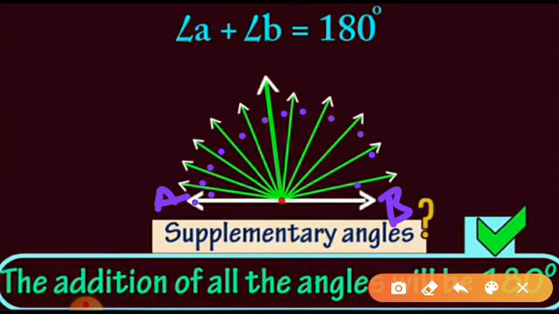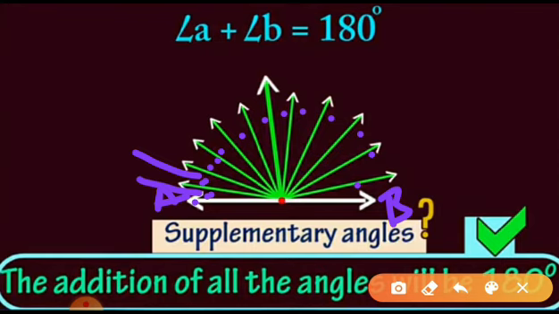Now, if I add all the angles of these 12 parts, I'll get 180 degrees itself. I cannot say that each angle will be supplementary, or that this angle and this angle are supplementary. No, they are not. The total of all of them will form a line. That is the main thing.